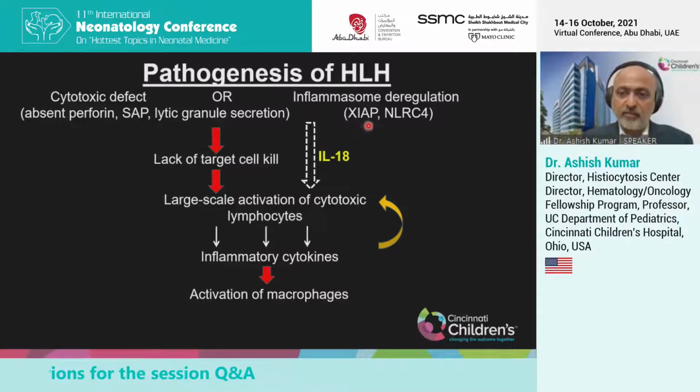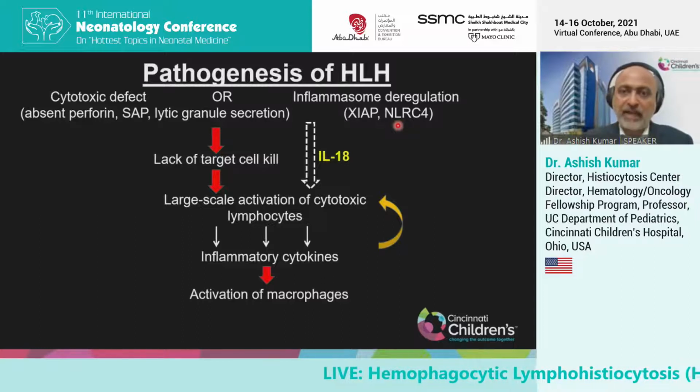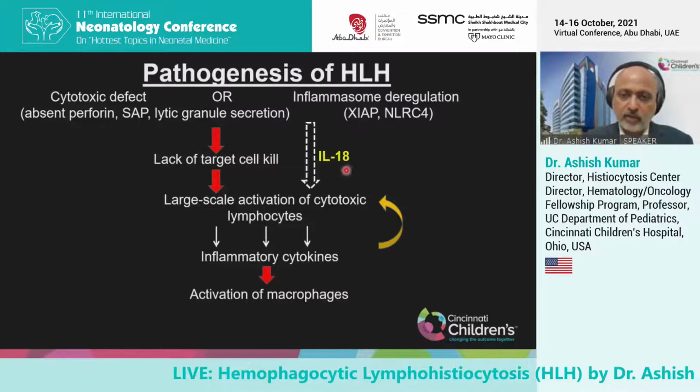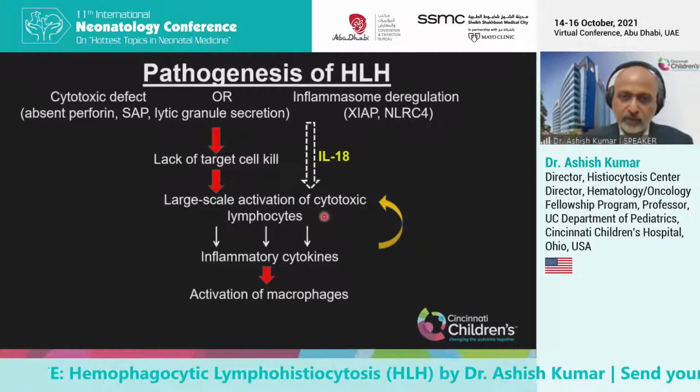These genes, XIAP and NLRC4, are components of the inflammasome and they keep it under control. If you have mutations, either loss of function mutation in XIAP or gain of function activating mutations in NLRC4, the inflammasome is always active. And that leads to large-scale secretion of this cytokine called IL-18, which then does the same thing, activates lymphocytes.